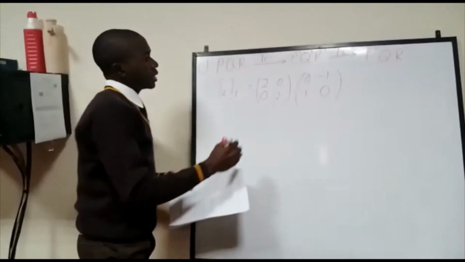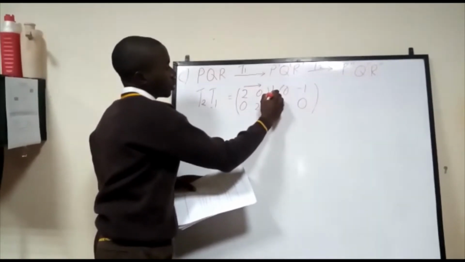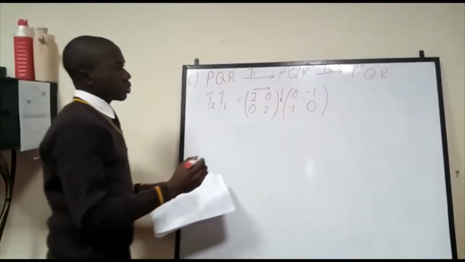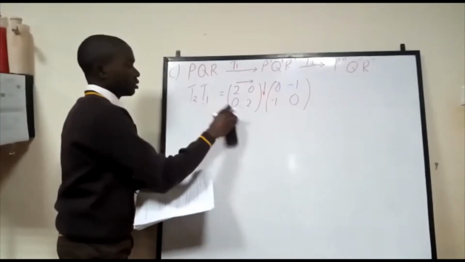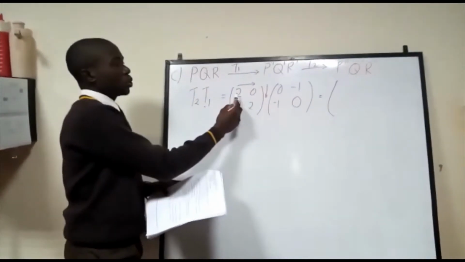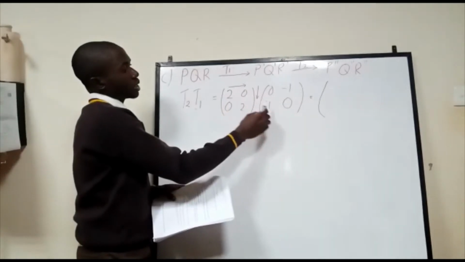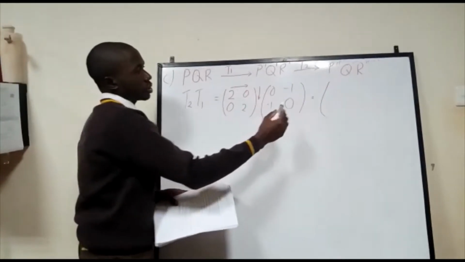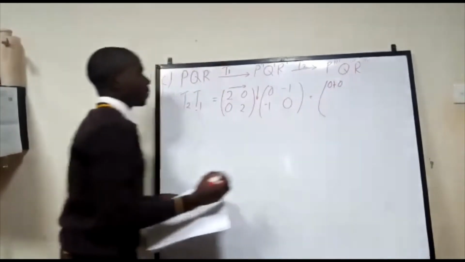When multiplying, you multiply row by column. Here we have 2 times 0, which is 0, plus 0 times -1, which is also 0.